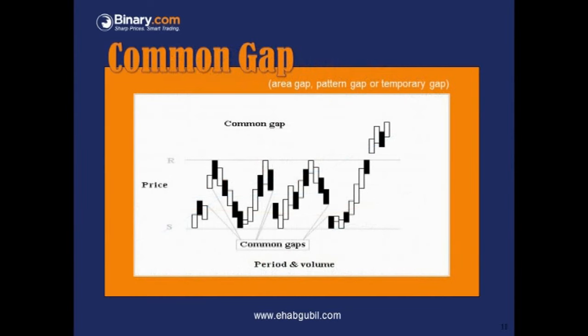Common gap is also known as area gap, pattern gap, or temporary gap. As its name implies, the common gap happens often in the price movements of the markets. For this reason, it's not as important as the other gap movements, but is still worth noting.